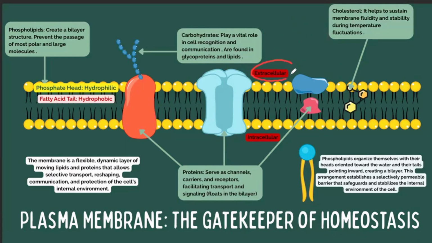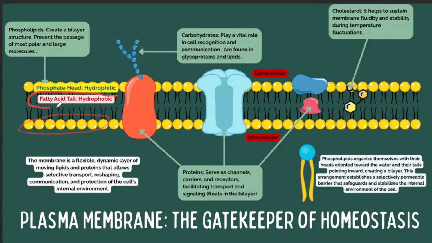So you have the extracellular, and the phospholipids formulate a sandwich where the outside is like the bread and the inside is like your peanut butter and jelly. So on the outside, you have the phosphate heads, which are hydrophilic, which means water loving, and they're on both sides here.